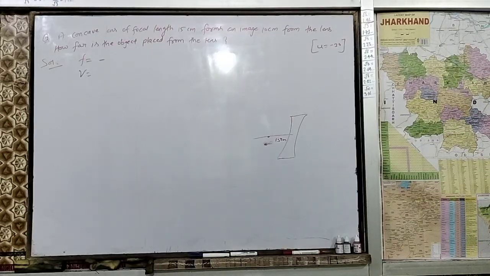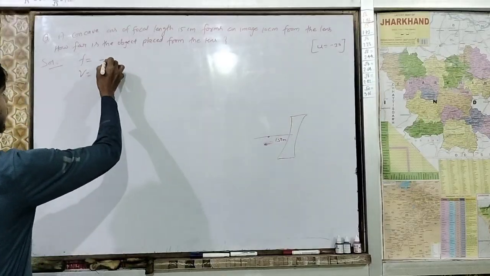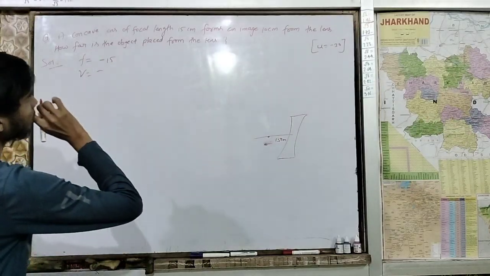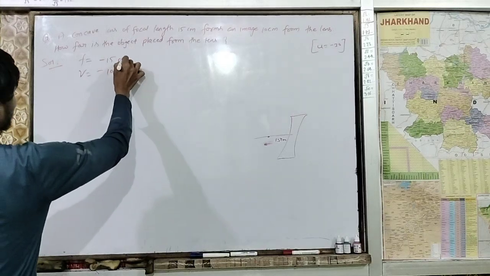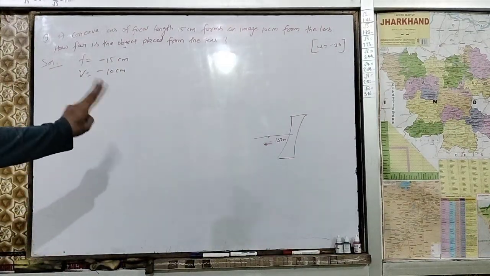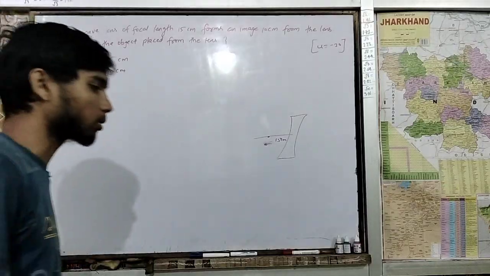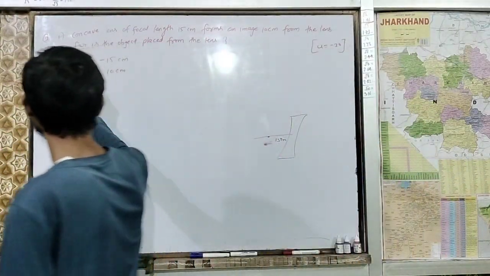Why? Because we have a concave lens. Focal length is 15 and image distance is 10 centimeter. But you can observe u is not given, which means object distance is not given. That is what we will find.